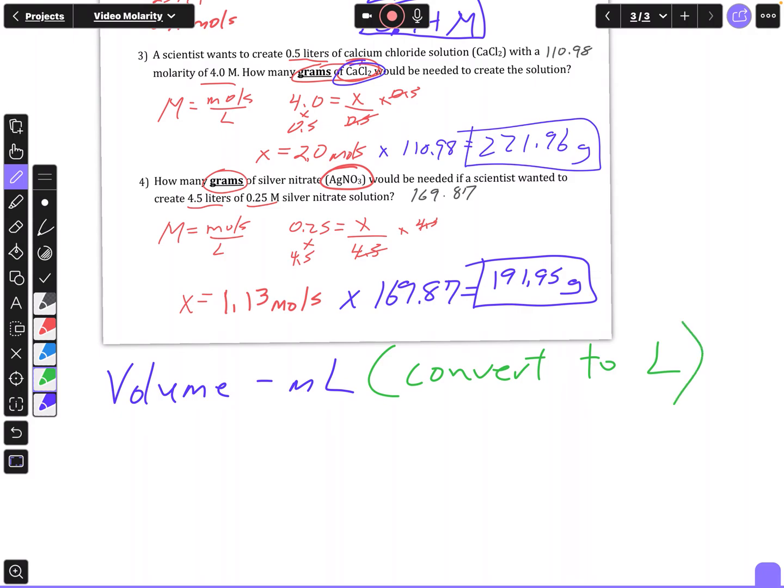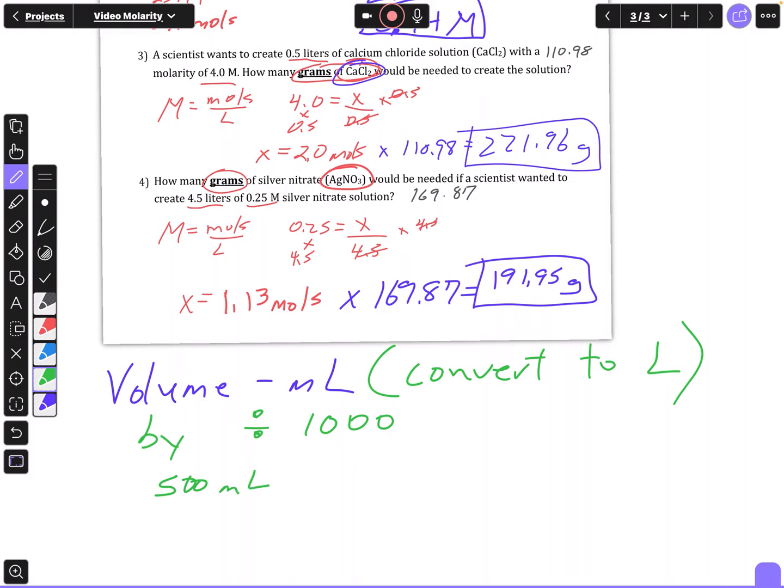And the way you do that is by dividing by 1,000. If you remember from early in the year, King Henry died by drinking chocolate milk. You go from milliliters to liters, you're moving 3 places to the left, so you move your decimal 3 places left. So you either can punch it in your calculator and divide by 1,000, or simply move your decimal 3 places to the left. So let's say in a problem, I'm given 500 milliliters as a volume.